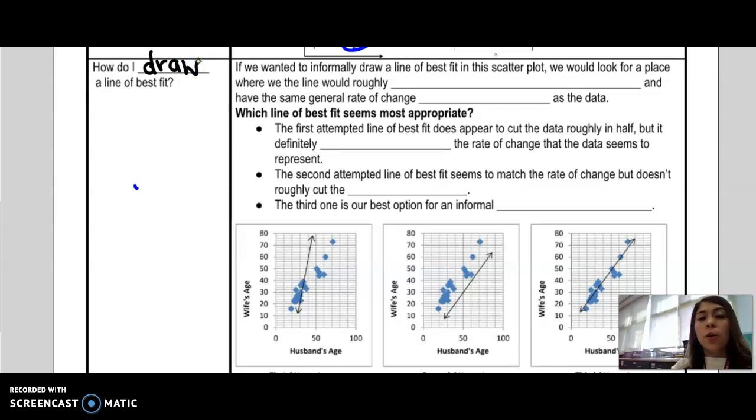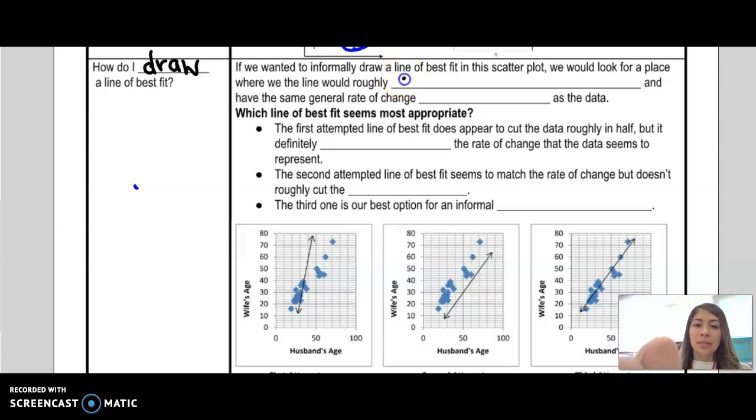If we wanted to informally draw a line of best fit in a scatter plot, we would look for a place where the line would roughly split the data in half and have the same general rate of change, which we also call slope.